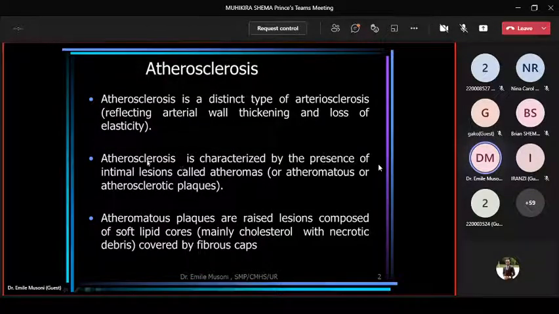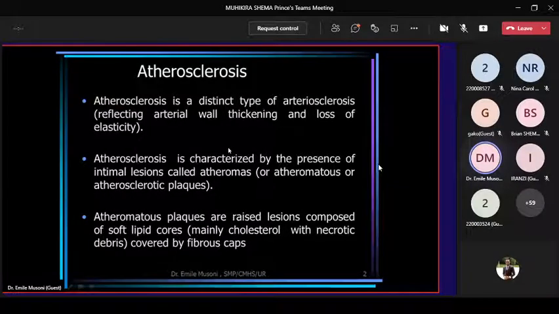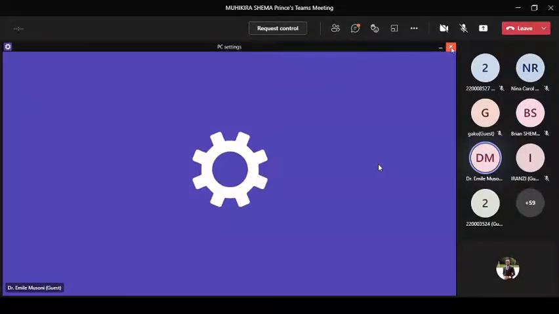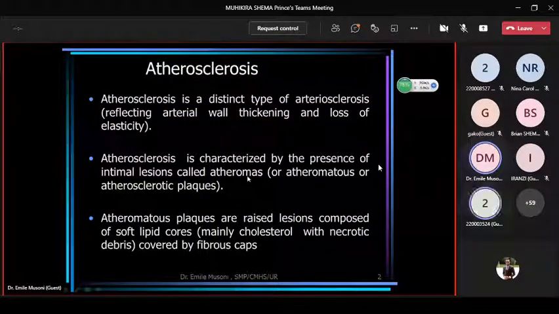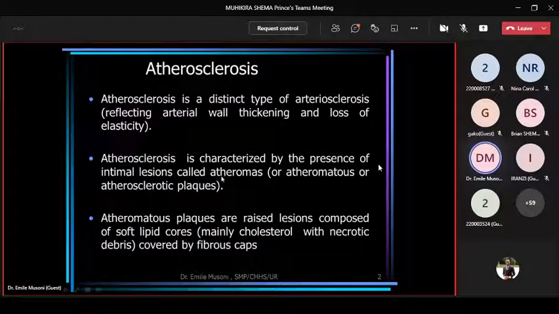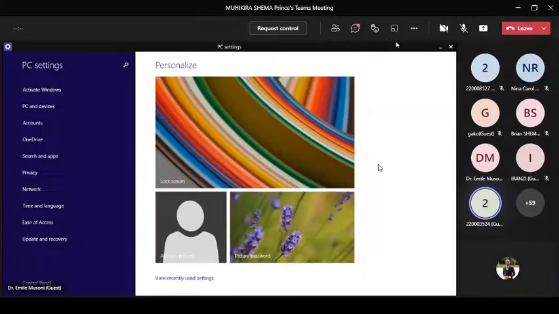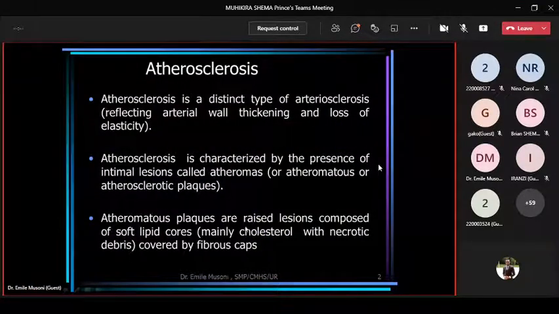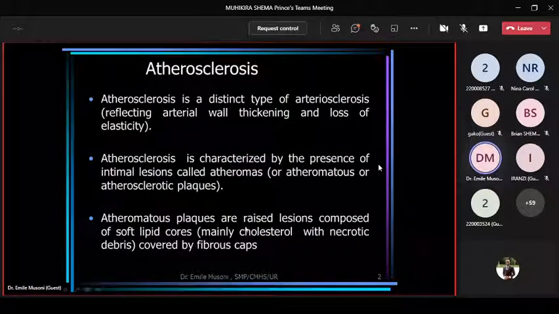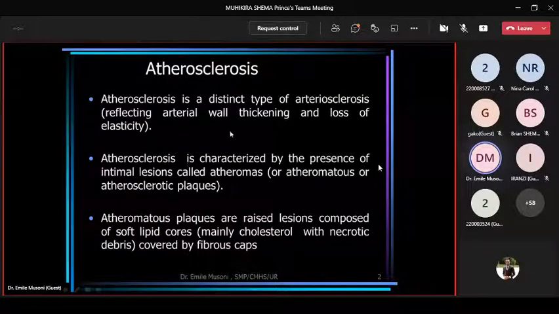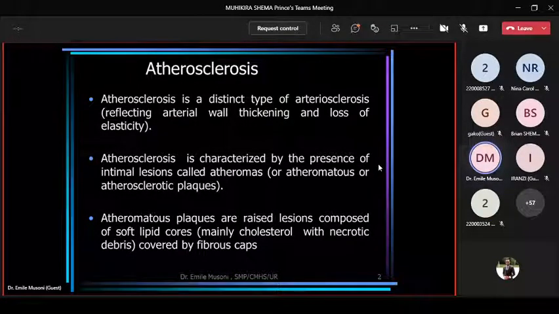Whereas in atherosclerosis, there is atheromatous plaque in the lumen of the blood vessel. It has cholesterol, other fat, macrophages, and smooth muscle. Whereas in arteriosclerosis, it is just thickening and loss of elasticity of the blood vessel.